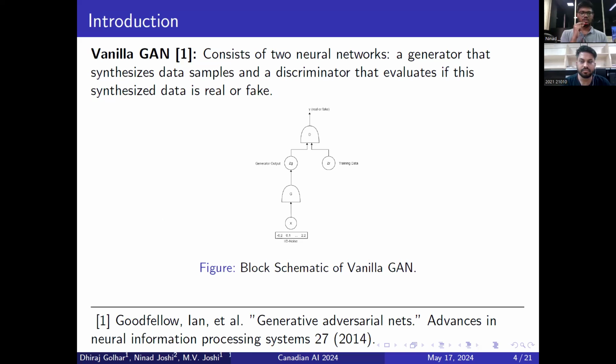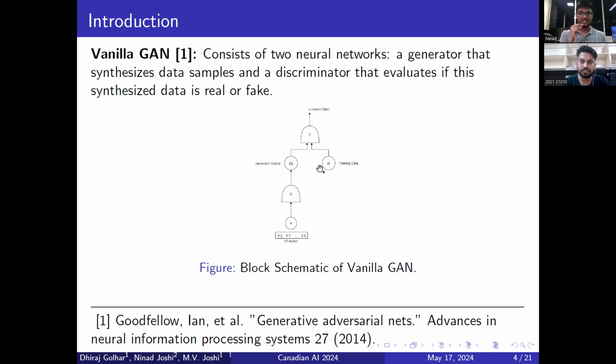In the year 2014, Dr. Goodfellow introduced the world with the term GAN, which is now known as vanilla GAN. It basically consists of two neural networks, a generator and a discriminator. Here in the figure, we can clearly see that the generator G is fed with X, which is an IID noise, and it generates an output G of X, which is a generated image.